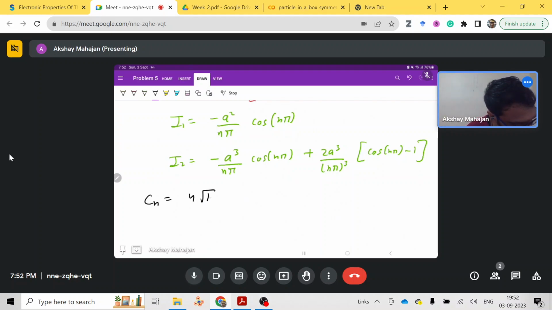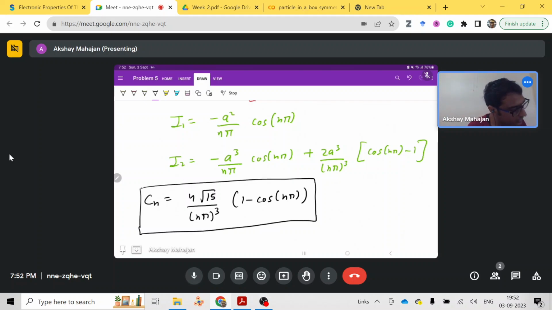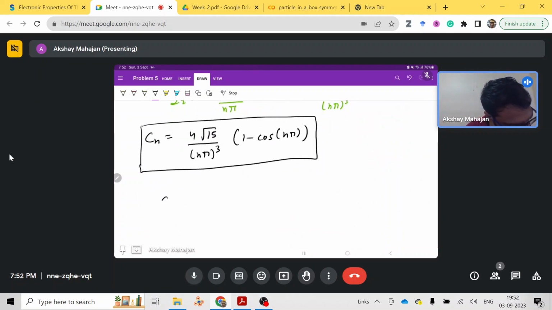4 under root of 15 upon n pi whole cube 1 minus cos of n pi. Okay, so this will be our Cn. Basically Cn is coming as 0 if n is even, because then cos n pi will be 1, 1 minus 1 will be 0.